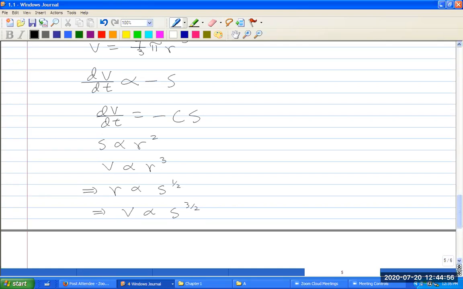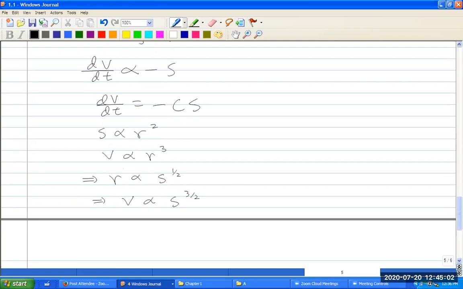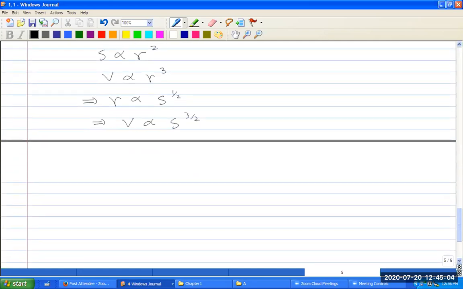And so that says that S is proportional to V to the 2/3. There's actually an easy way to figure out what the actual constant of proportionality is, but I'm not going to.